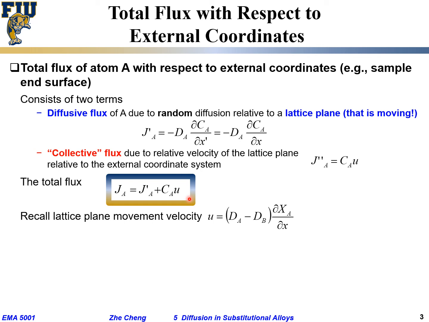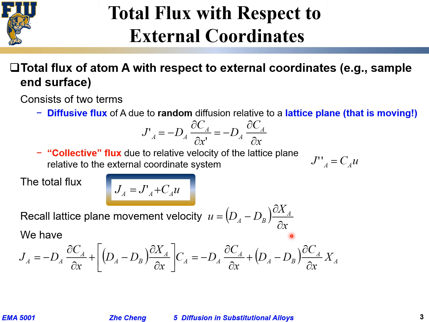We said the velocity from Darken's first equation is just the difference between the diffusion coefficients times the mole fraction gradient. Okay? And then, mathematically, now that's just pure mathematics. What is our J_A prime? J_A prime is just this term, right?